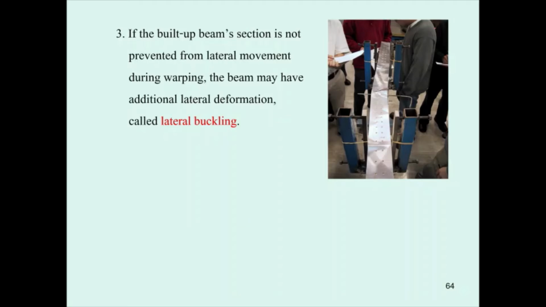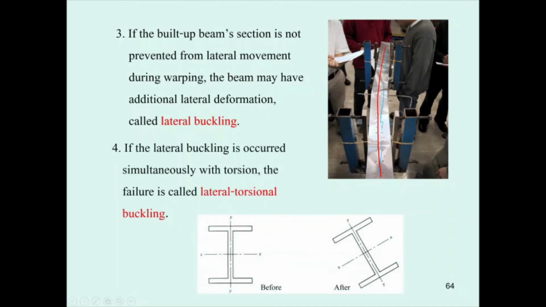And also there is lateral buckling. Before this, the element stress is here. After the application of the force, it may have lateral buckling, going to have this kind of wave. And also a combination of lateral and torsional buckling.